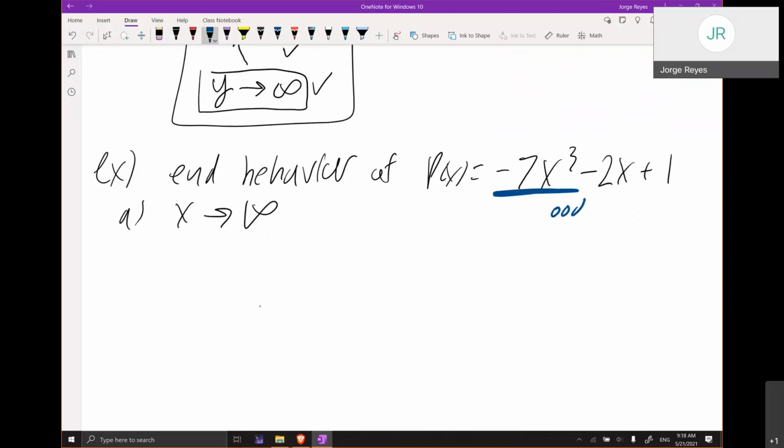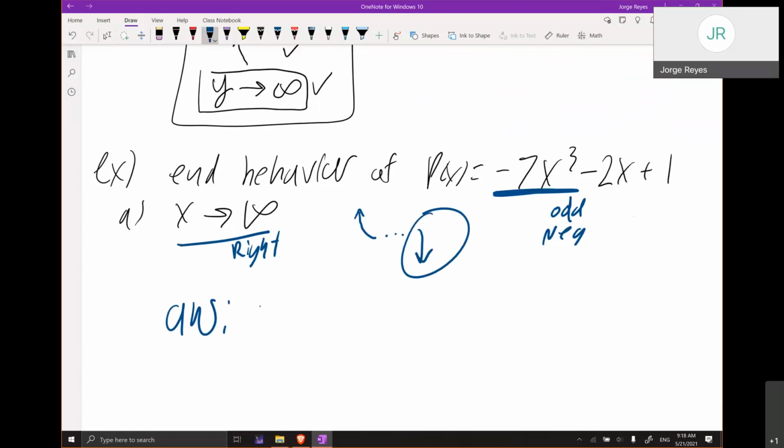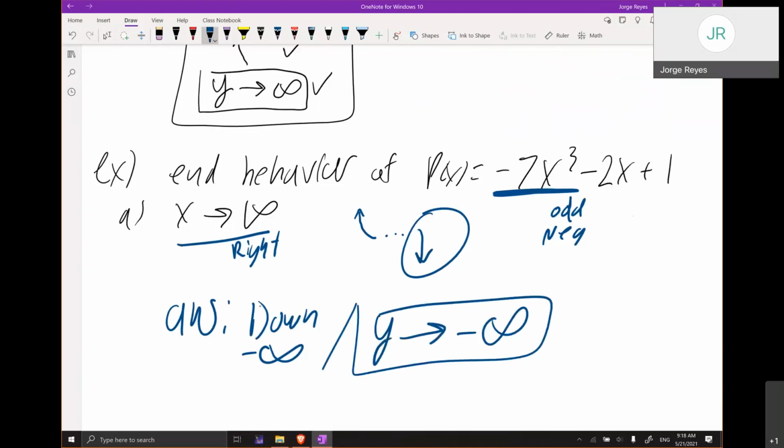It's odd and negative. So that means we're going to look like this, right? This is our end behavior if we do the leading term test. Then I want to know what happens as x goes to infinity, which is right. So this. So the answer is down: negative infinity. Y goes to negative infinity. All of those are okay. But there you go. Leading term test and end behavior, not that bad.